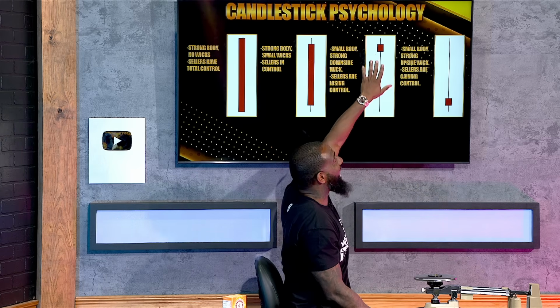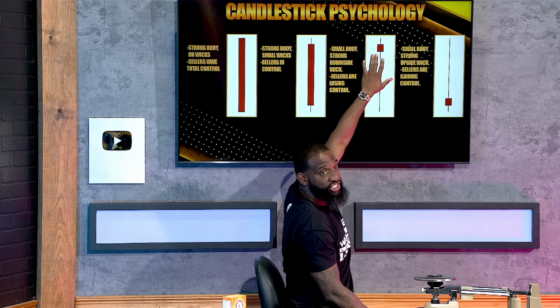Does that make sense? The reason why is this told us that a lot of buyers stepped in and rejected this. The next candle is a doji candle, which means, okay, we fighting right here, right? That means sellers in, buyers in, fighting's in, so that's a stalemate. So now the following candle is the candle that says what's going on.